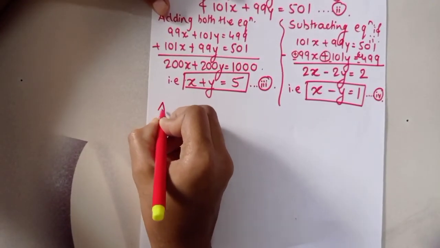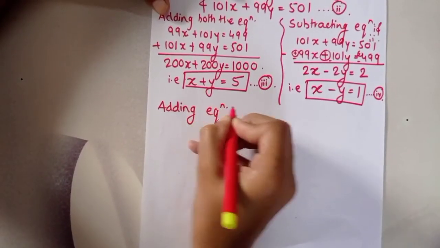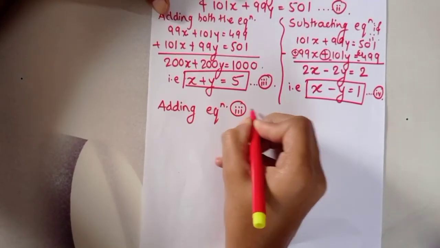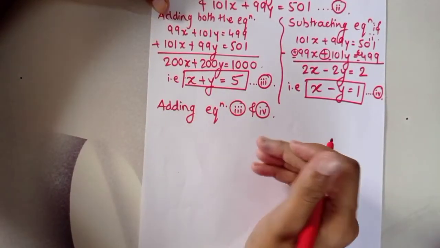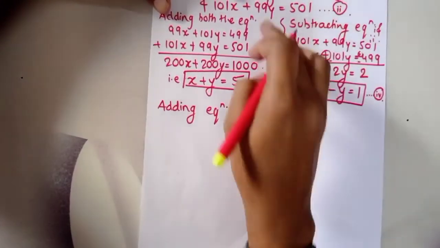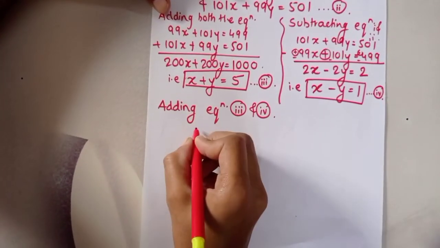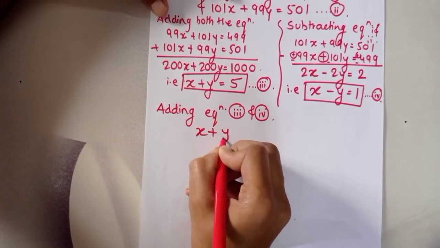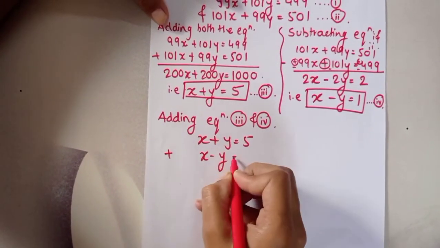Adding equations third and fourth, x plus y is equal to 5 plus x minus y is equal to 1.